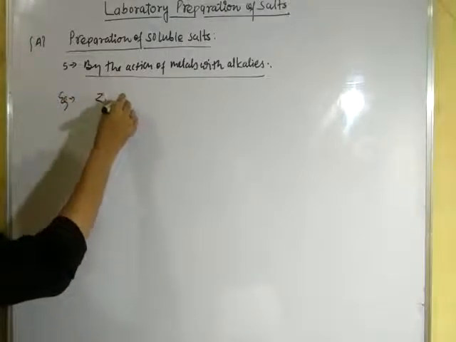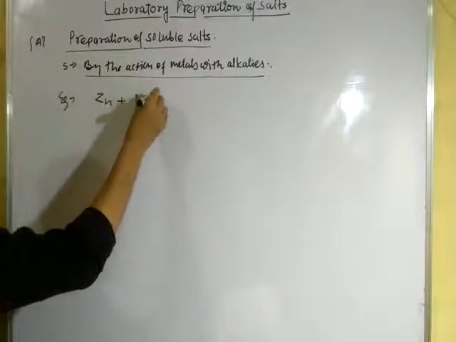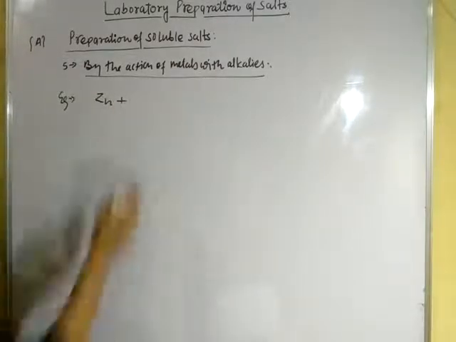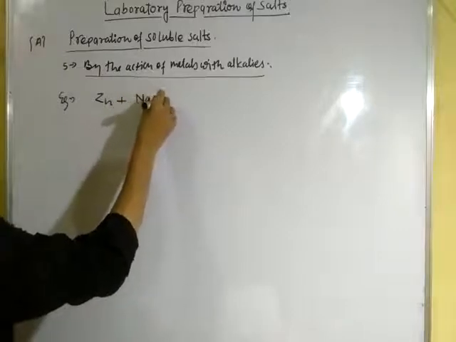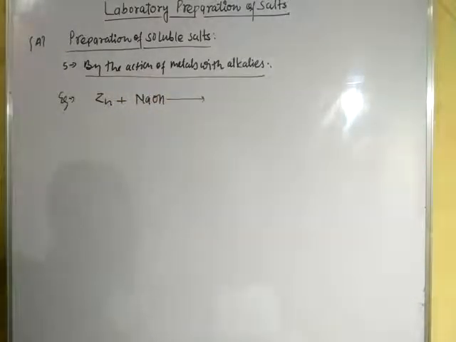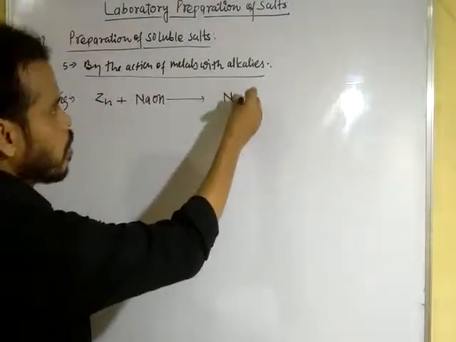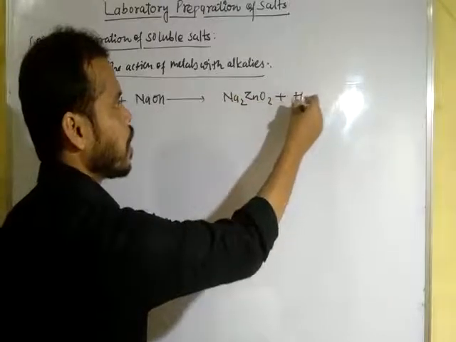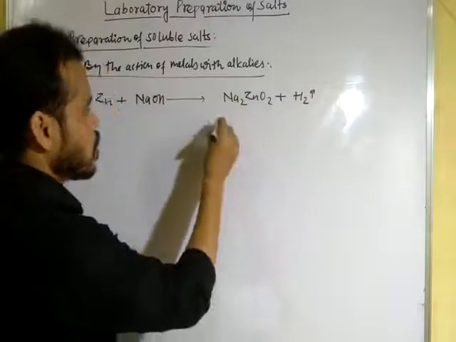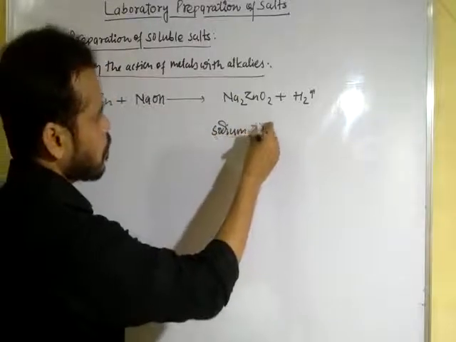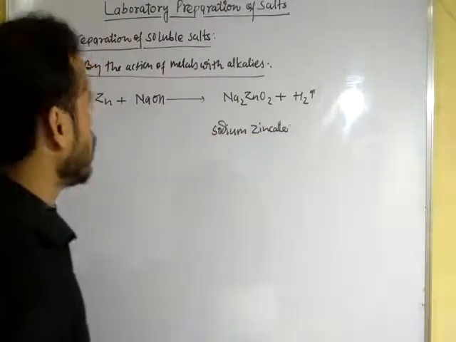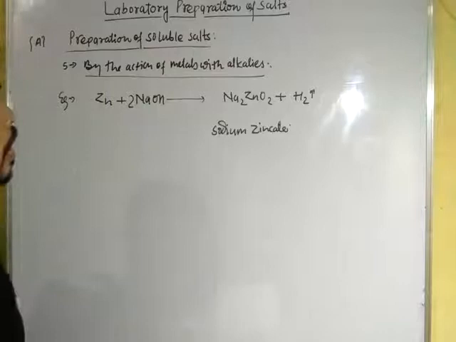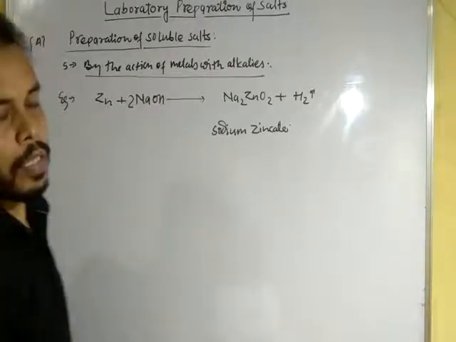When zinc is treated with NaOH, sodium hydroxide, it forms sodium zincate, Na2ZnO2, with the elimination of hydrogen gas. To balance the sodium atoms, multiply by 2. I think this reaction is now balanced.